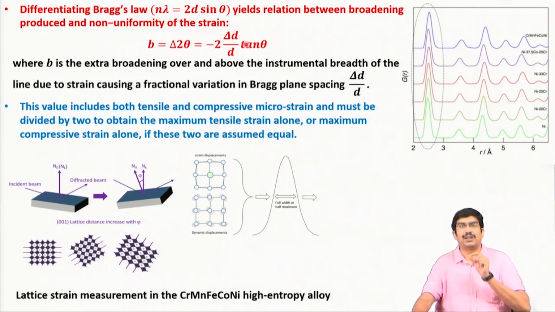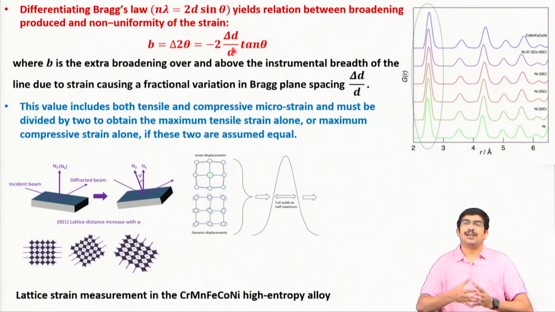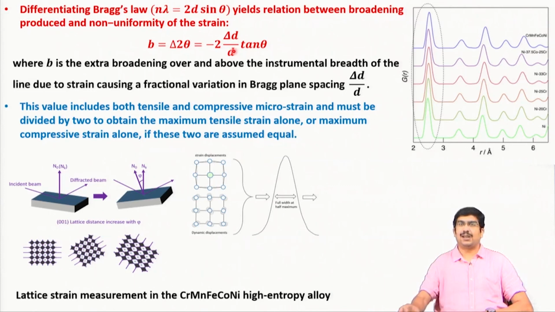From the definition of strain, delta d by d: strain is basically the change in dimension, the change divided by the original length. So this is the strain, so we can write eta or some other symbol. We are writing delta d by d here, this is the strain, into tan theta.